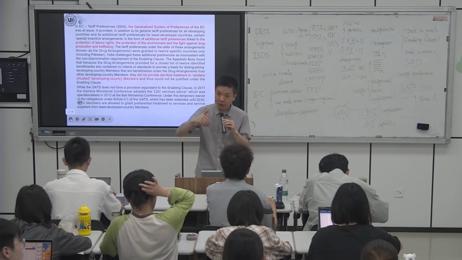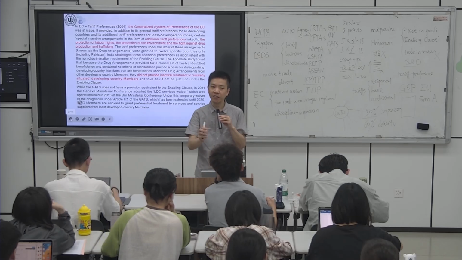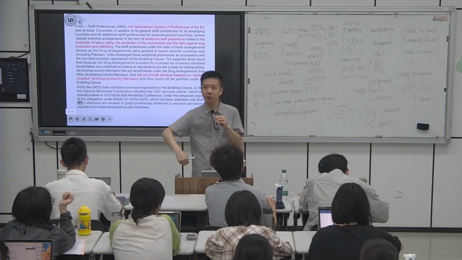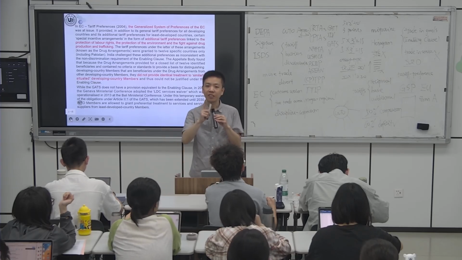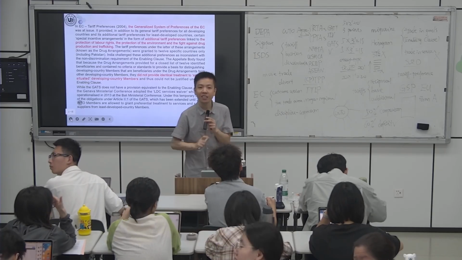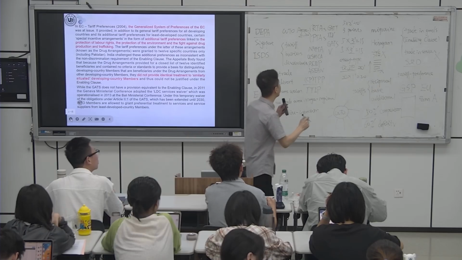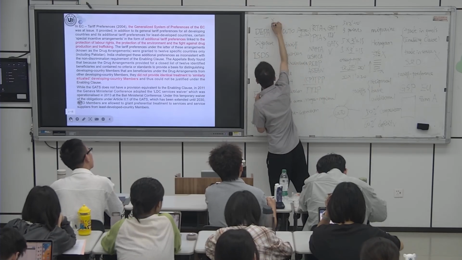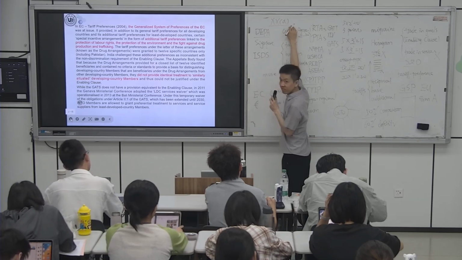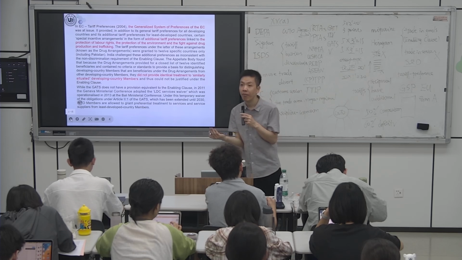I will review that because last week some of the students told me that that part is rather difficult. You said which part? About the requirements of Article 20. It's hard, it's difficult to understand, right?